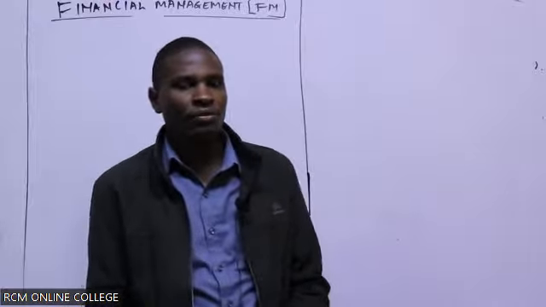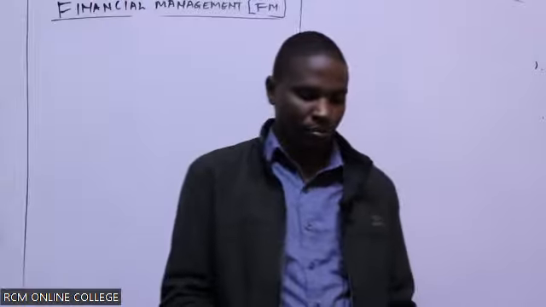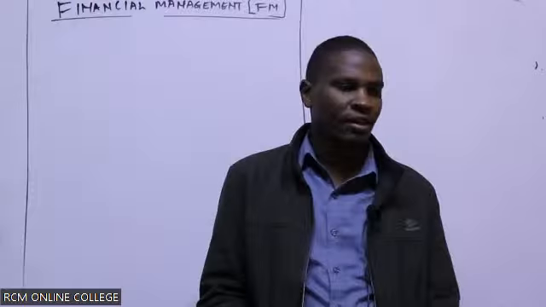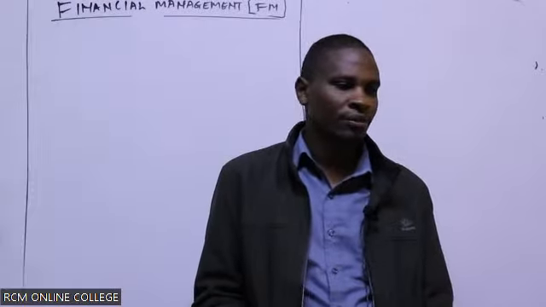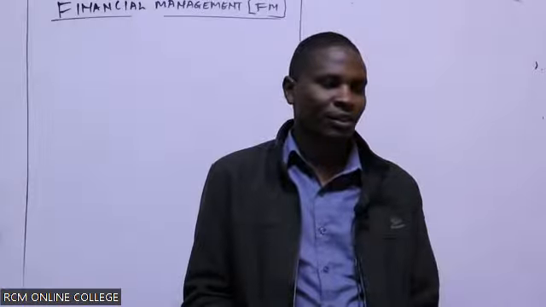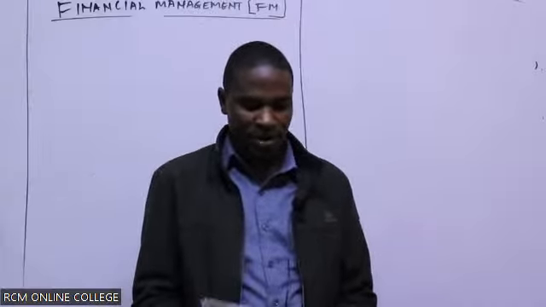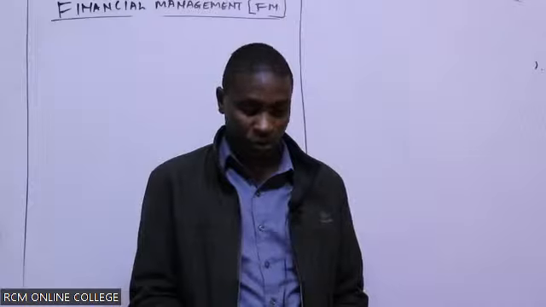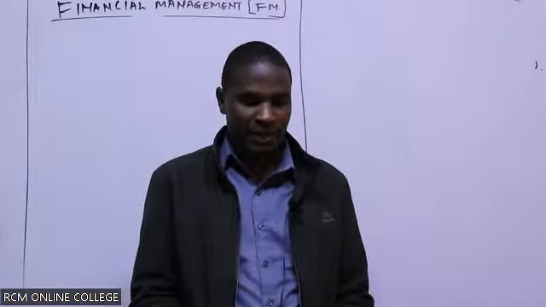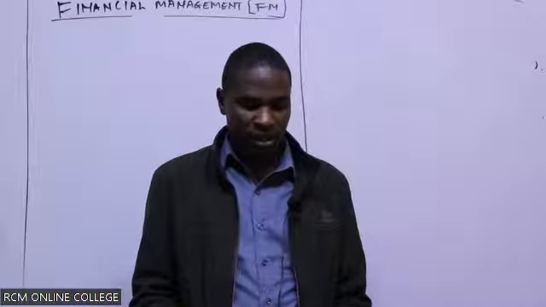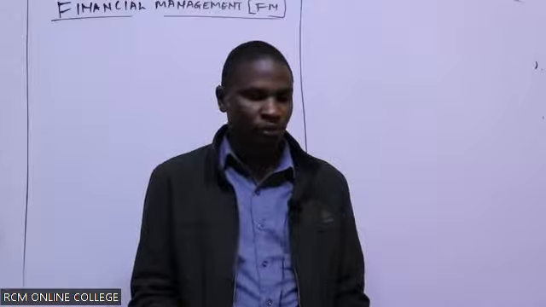How do we arrive at the break-even point? And then the operating break-even quantity of sales in units also. Then the degree of operating leverage, the degree of financial leverage, and the last one is the degree of total leverage.